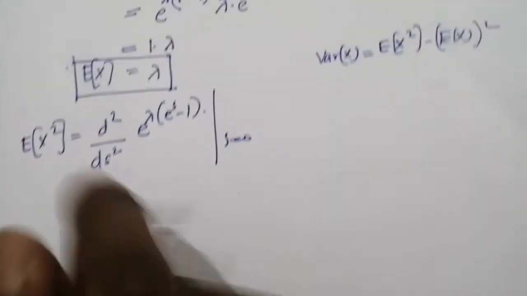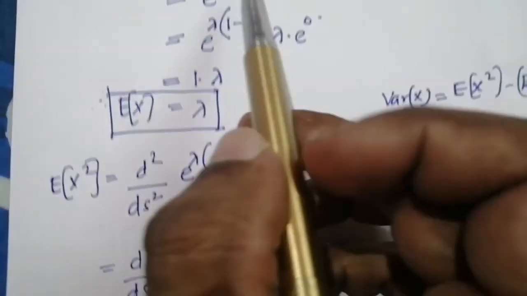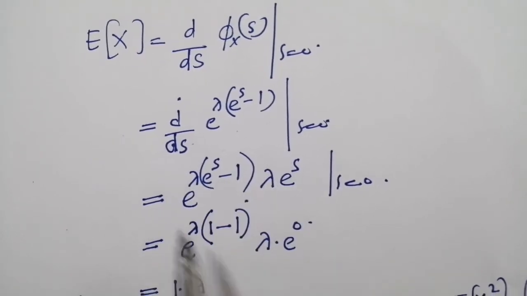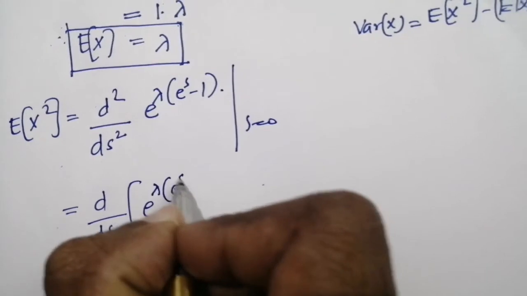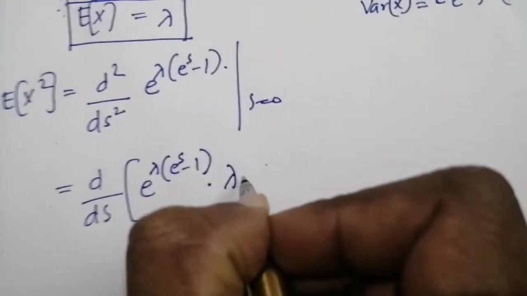So this will be equal to d by ds of, we know that d by ds of this quantity is e raised to lambda (e raised to s minus 1) into lambda e raised to s.